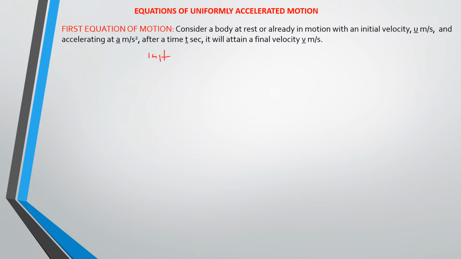Initial velocity is given to us to be equal to u, and then we have our final velocity, which is given to us to be v, acceleration is equal to a, and then time t is t seconds.